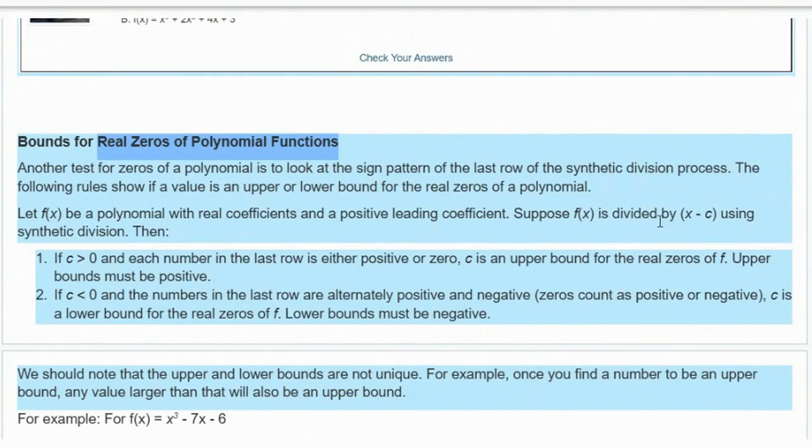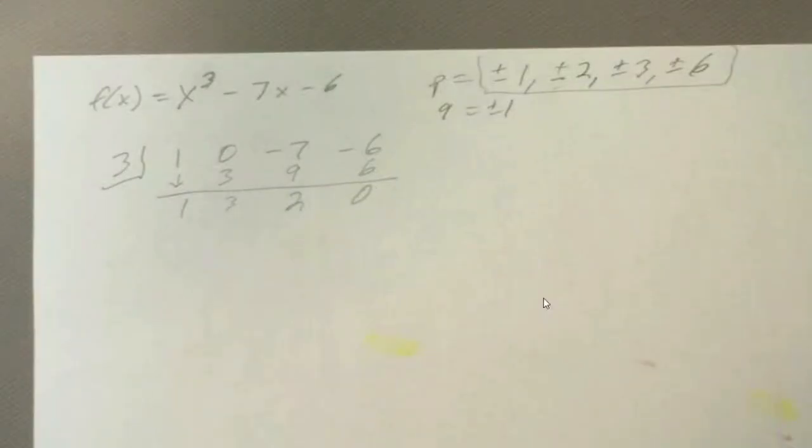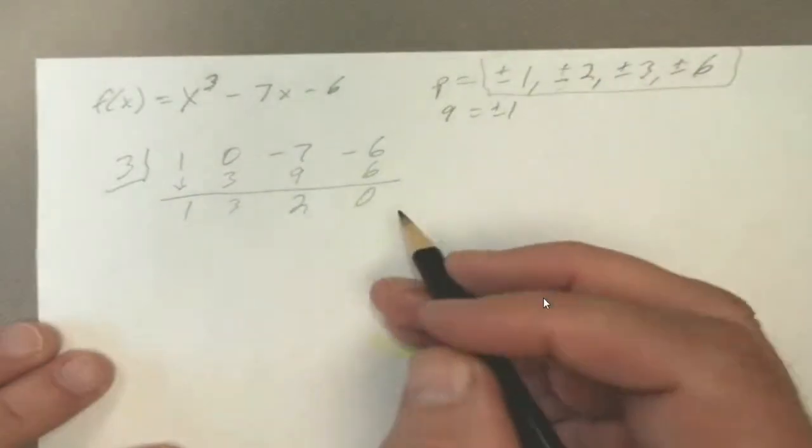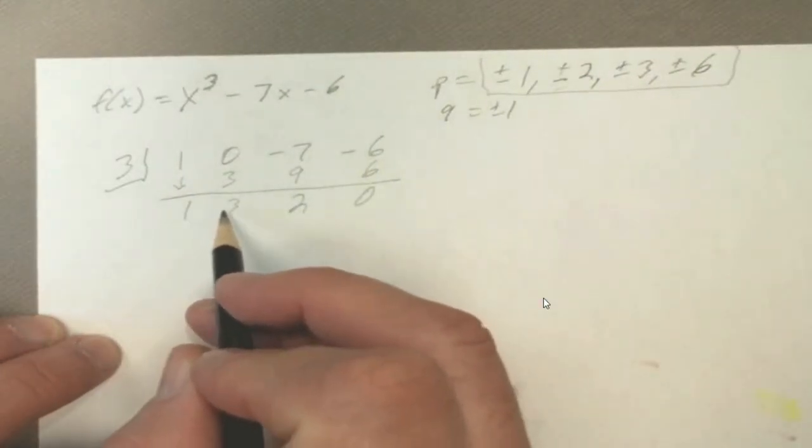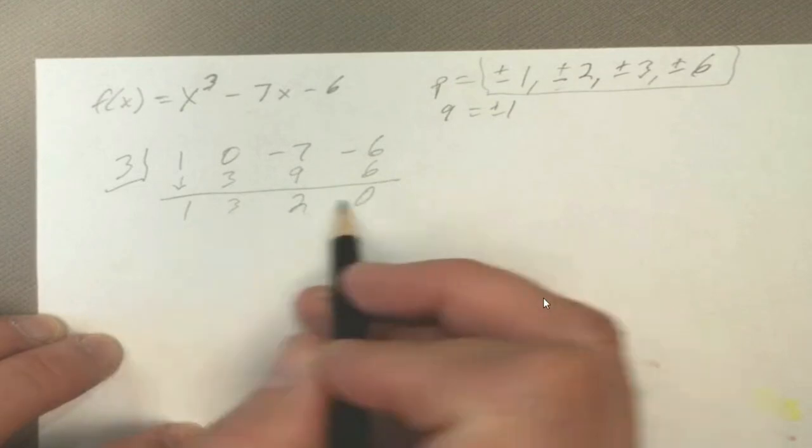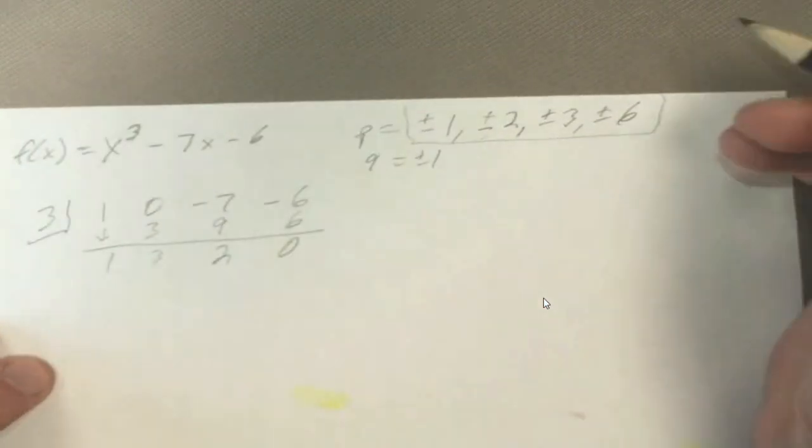Suppose f of x is being divided by x minus c using synthetic division. If c is greater than 0, which it is, our c is 3, and each number in the last row is positive or 0, c is an upper bound for the real zeros. All upper bounds must be positive. So since every number is positive, positive 1, positive 3, positive 2, and 0, 3 is the upper bound.